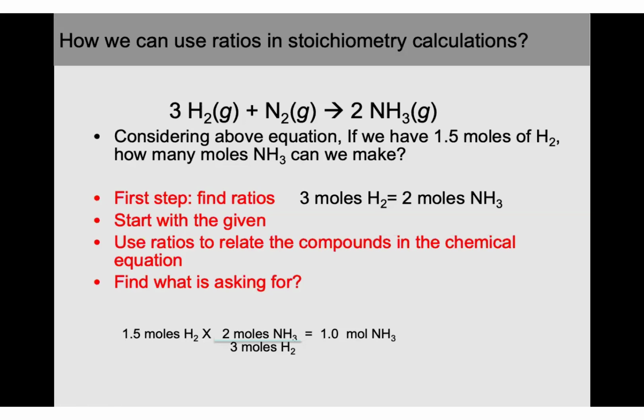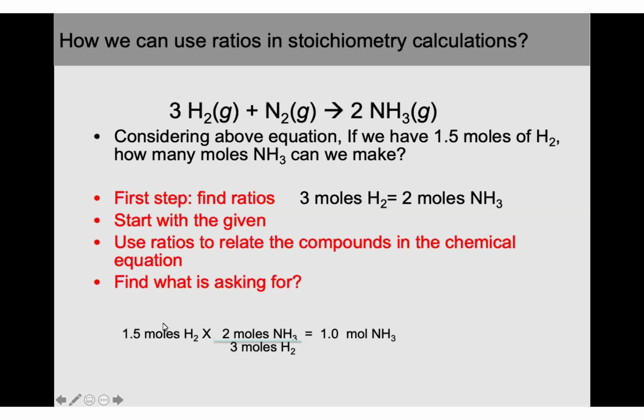Because the mole of H2 should be in the denominator so that it cancels out. Do you remember? The denominator should cancel out with the previous numerator, so the units cancel out. Always make sure the same unit is in the denominator as in the previous numerator.